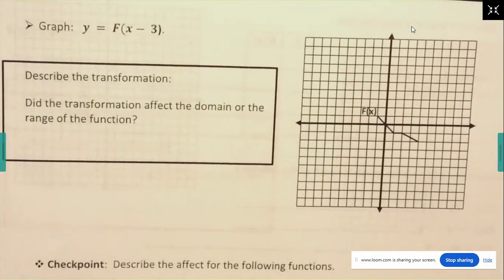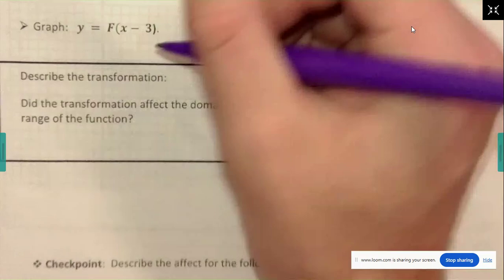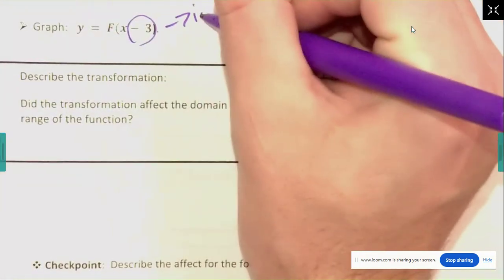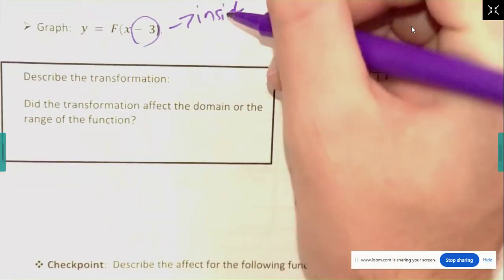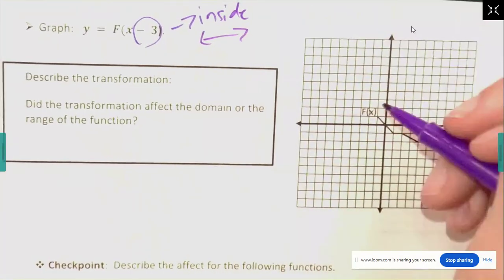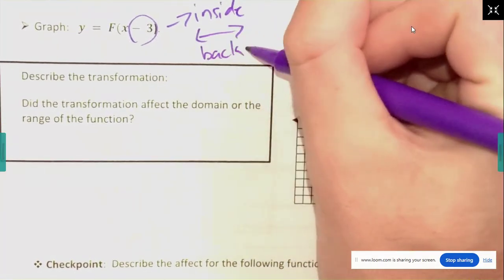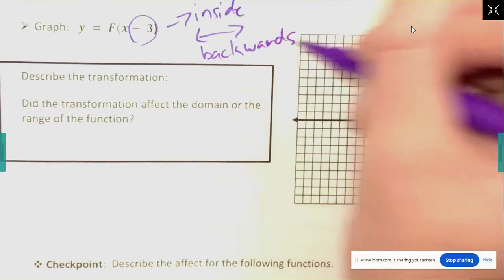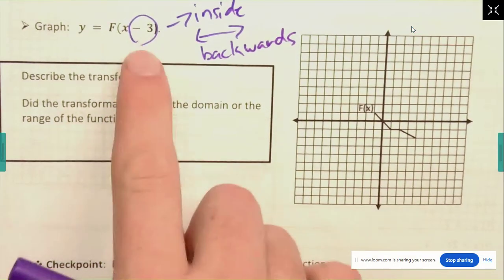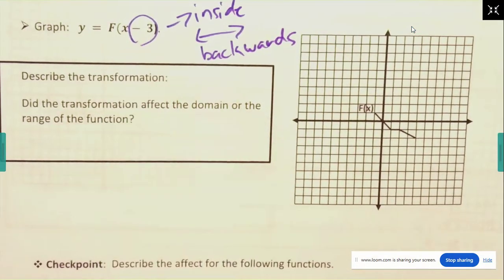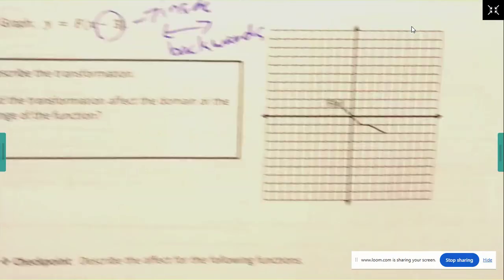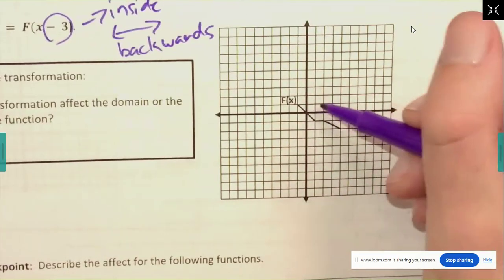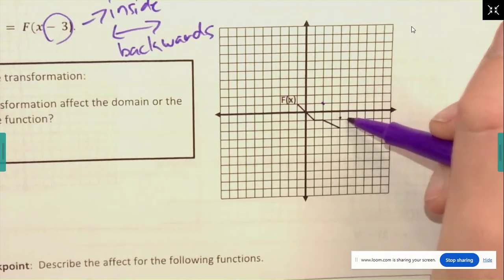This one right here. Okay, so I see that minus 3, that's on the inside. I know the inside is left-right movement, and I know that it should be backwards of what I think. So minus 3, right, you would think it's left 3, but since it's on the inside and it's backwards, I can take each of these points and move it right 3.